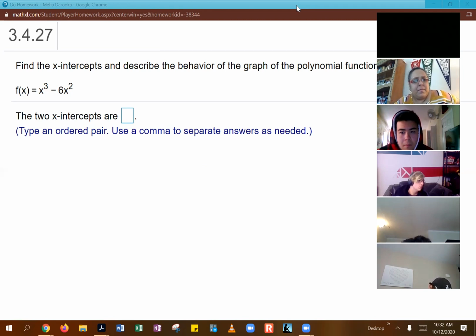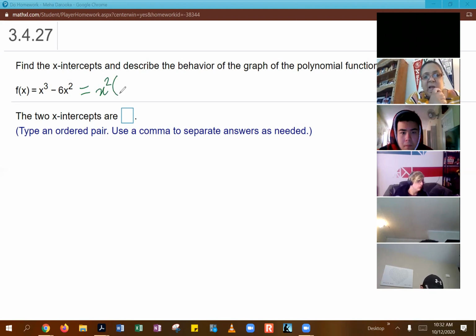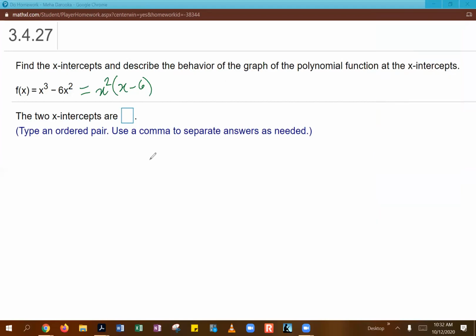Would you factor out x squared? Very nice. Yeah, because that would be common between both our terms. So what does that leave you with? X minus 6. Very nice. All righty. Yeah, so go ahead, factor out your polynomial. Then, of course, like we did in the previous example, take each factor, set it equal to 0.